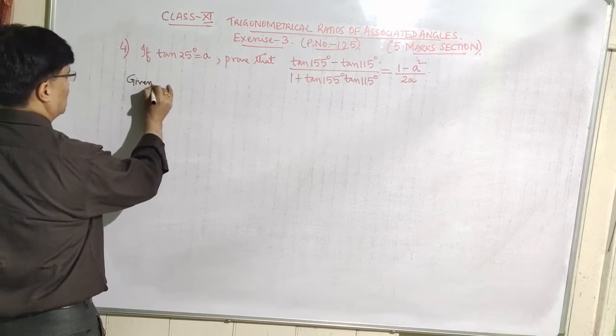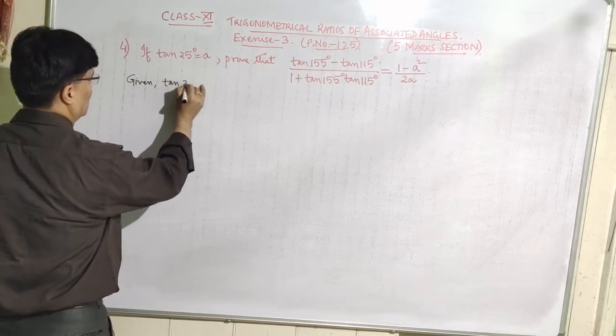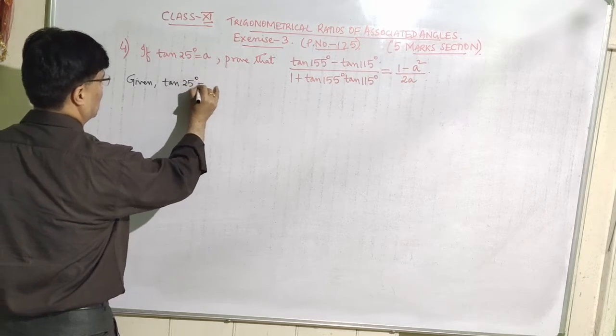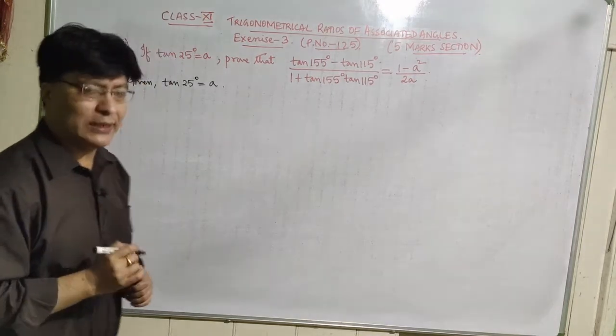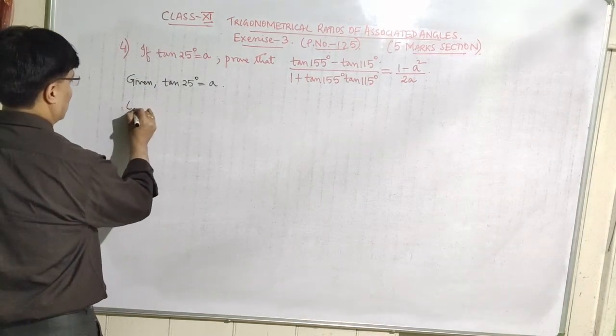So here given is tan 25 degree is equal to a. This is given, right? So let us write down the left hand side.